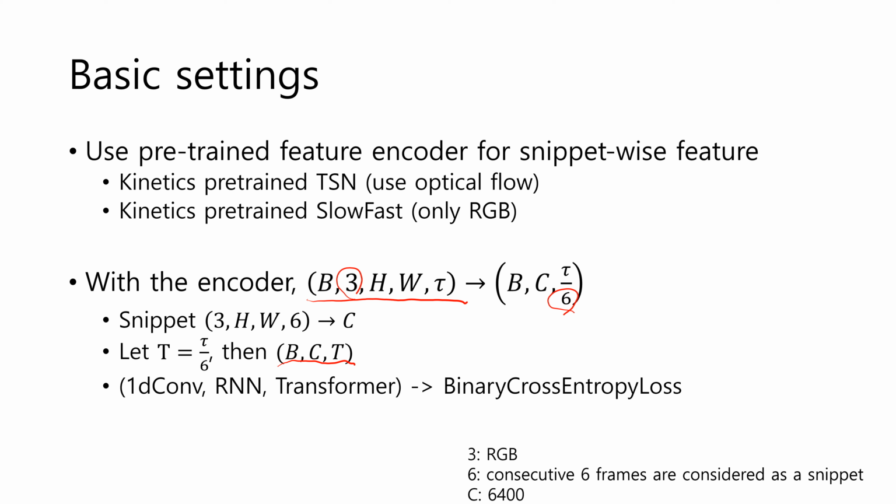And this B, C, T tensor is a list of one-dimensional vectors, and we can apply standard 1D convolutional networks or recurrent neural networks, or, to deal with longer temporal dependency, a transformer encoder architecture to process them. However, we found that the simple application of these networks with standard binary cross-entropy loss is not enough for good performance.